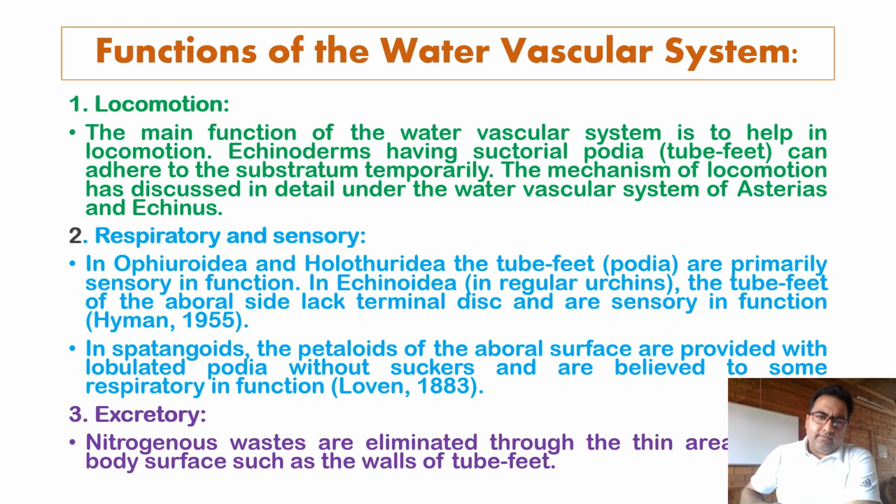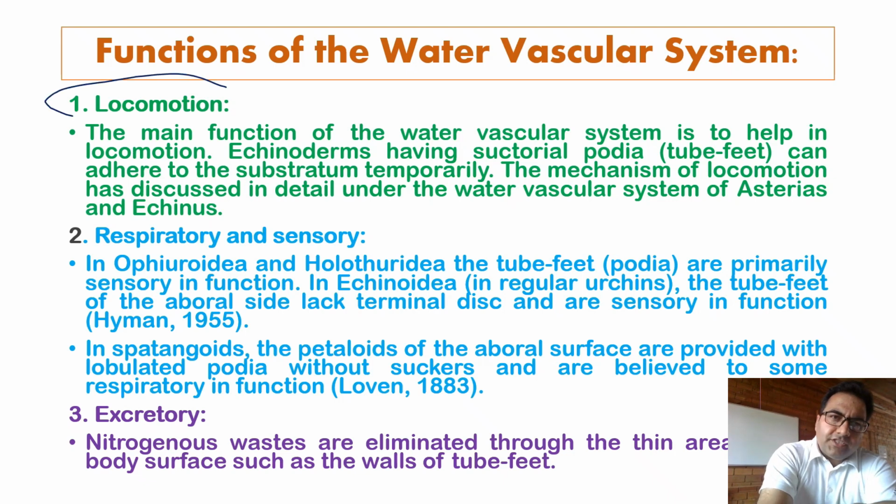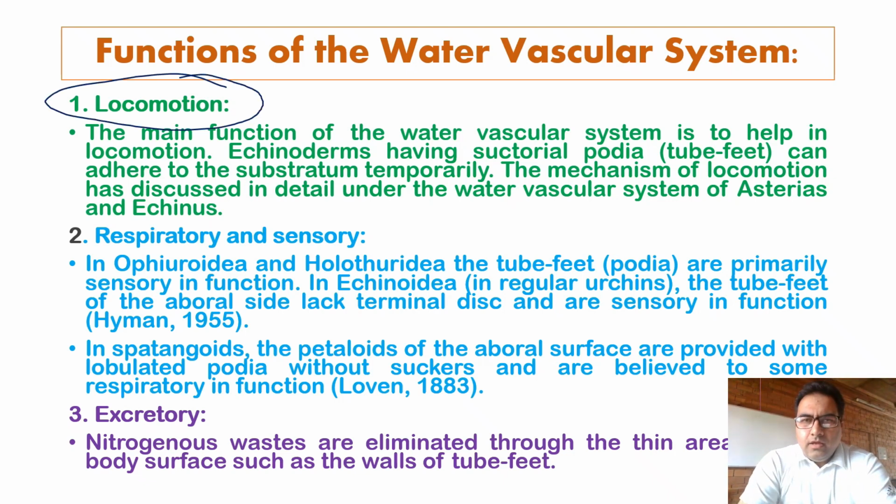Let us have a quick recap of the functions of the water vascular system. Now, what is the function of the water vascular system in the case of echinoderms? The first important function is locomotion. They have the suctorial podia, which we call tube feet, which adhere to the substratum temporarily.